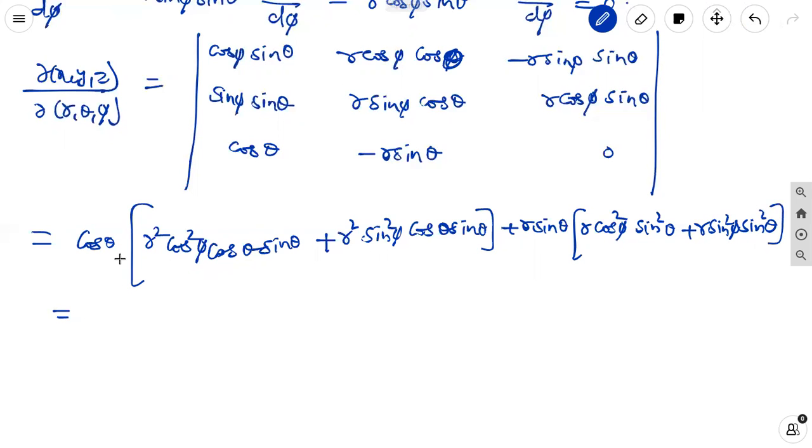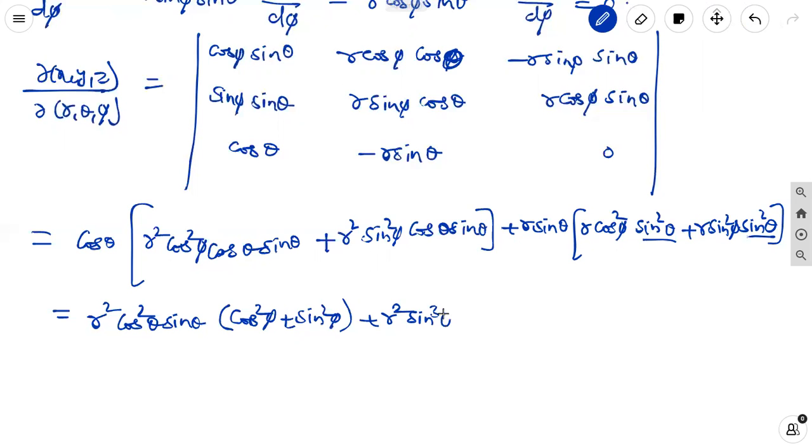It is equal to r square common, and cos theta, sine theta is also common. Already here cos theta is there, so cos square theta, sine theta. The remaining terms are cos square phi plus sine square phi, plus r. Here sine square theta is common, r is common. So r square sine square theta into sine theta, sine cube theta.